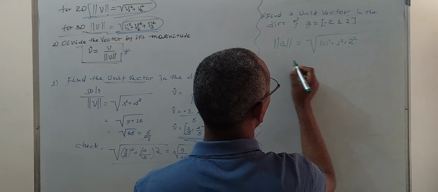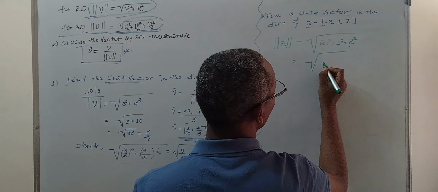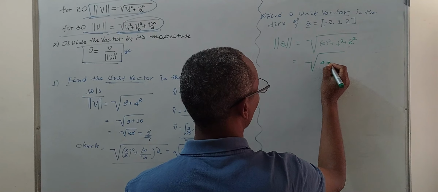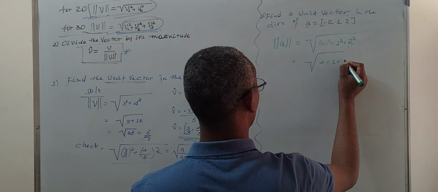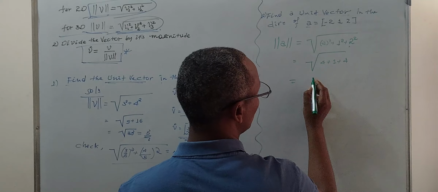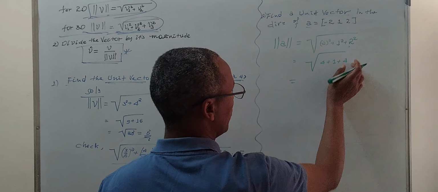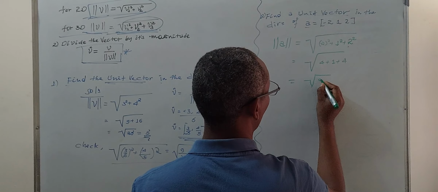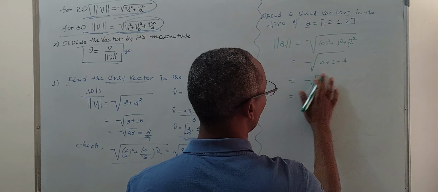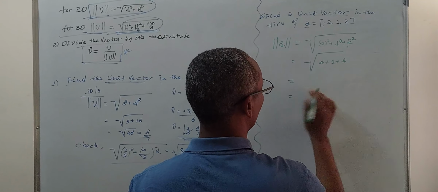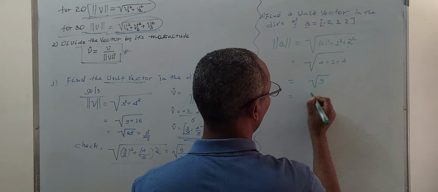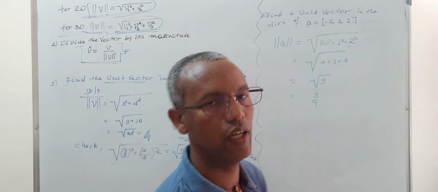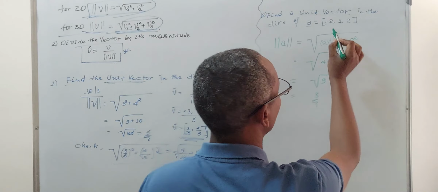So the square root of 4 plus 1 plus 4, which is 9, meaning we get the square root of 9, which is equal to 3. That is the magnitude of the given vector.